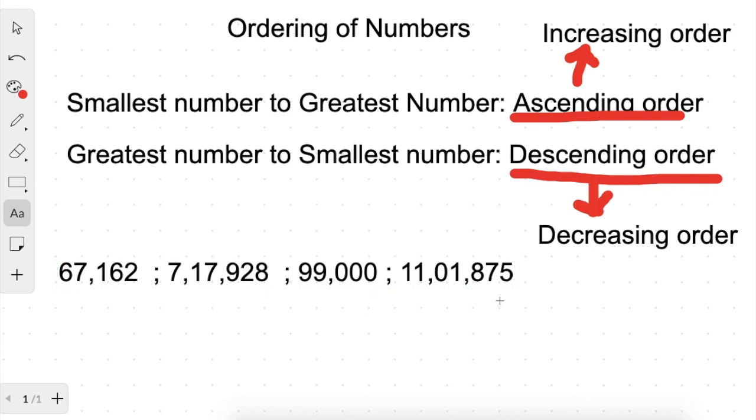If you see, this one, 67,162, is the smallest of all of these. This has 7 lakh, this has 99,000, this has 11 lakh, which is of course more than 67,000. So I'll write 67,162 first.